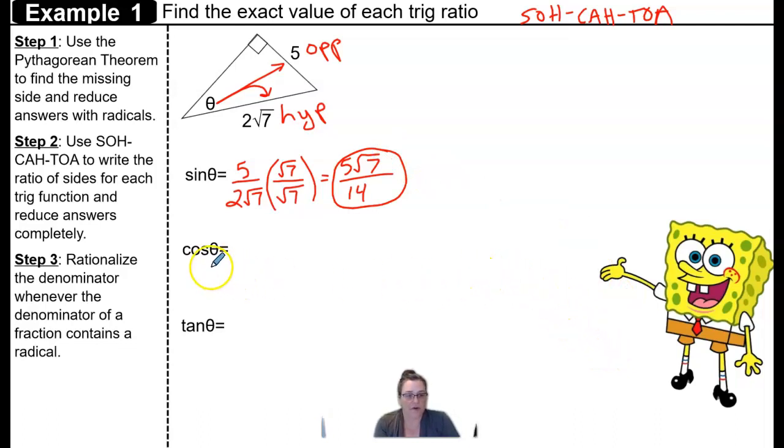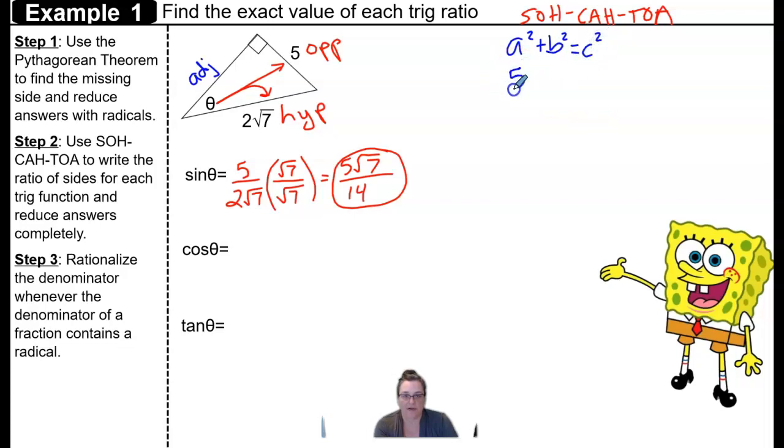Now to find the cosine, cosine is the adjacent over the hypotenuse, and we don't yet know the length of the adjacent side. So to find that, we're going to need the Pythagorean Theorem, a squared plus b squared equals c squared, where c is the hypotenuse of the right triangle.